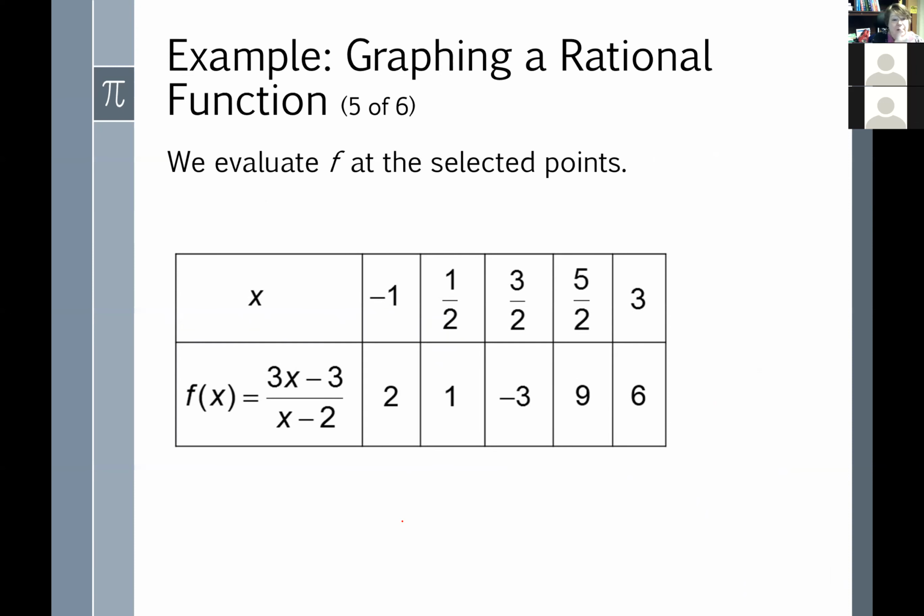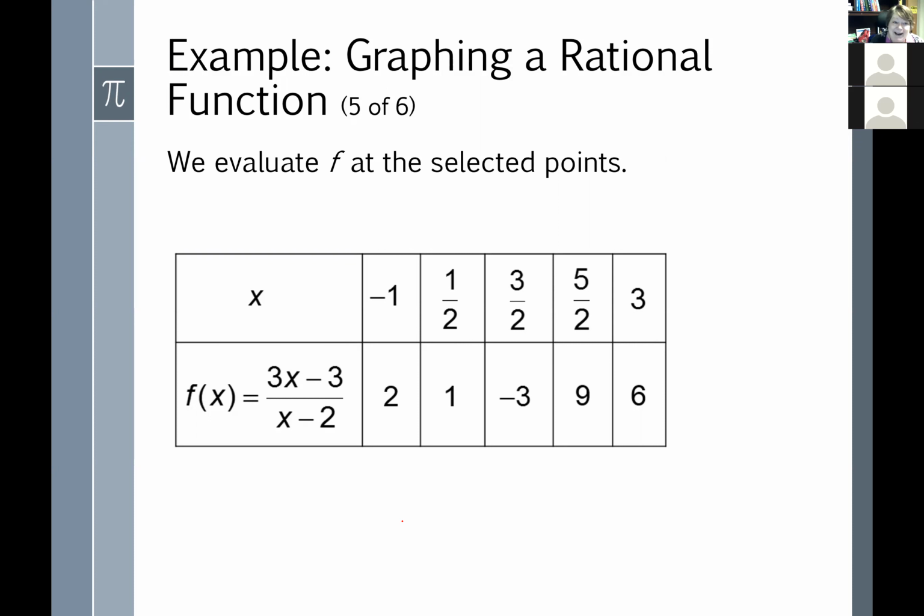I can certainly plug in -1 for x and then do that on my calculator: 3 times -1 minus 3 divided by -1 minus 2. I can do that. You can graph it and then use the table. You can graph it and use value, evaluate it at a value. There's a million ways you can do this correctly.